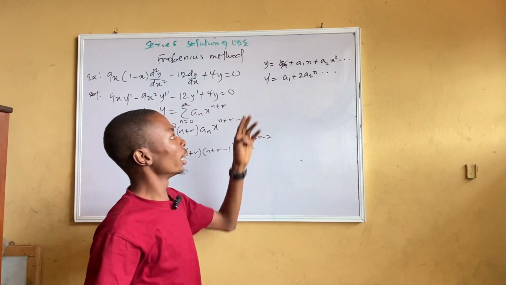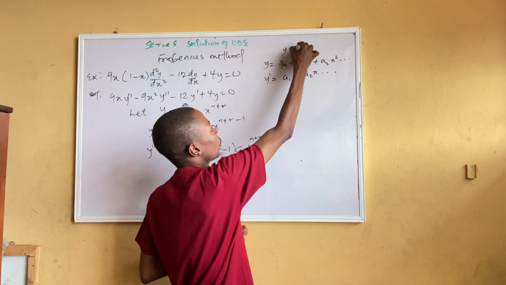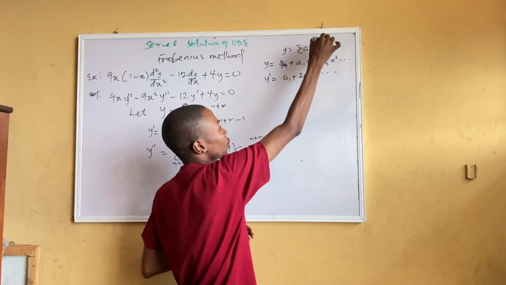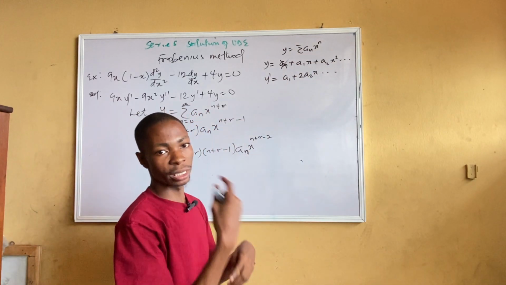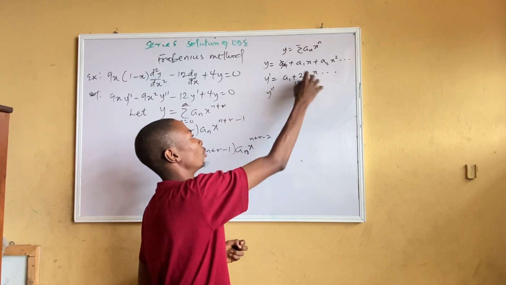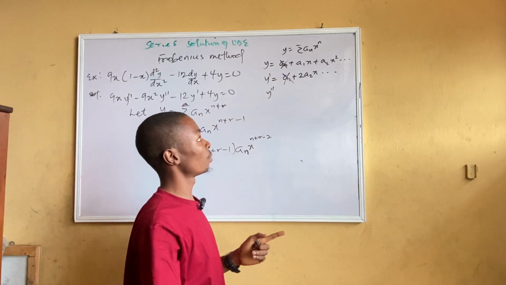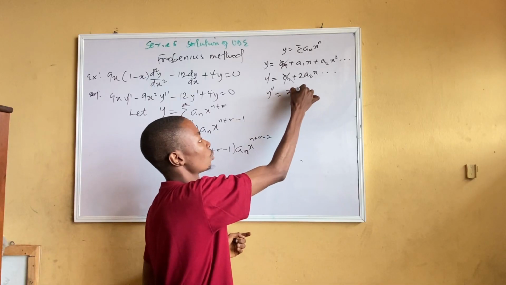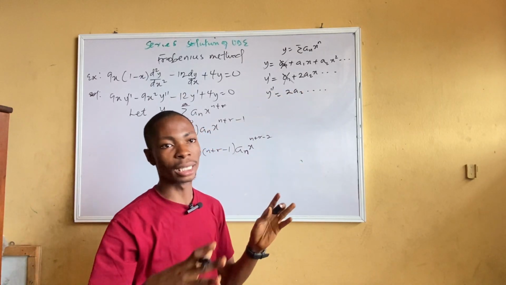That means if I'm using the power series y equals summation a n x to the n, the limit will be changing. One will start from 0, the next one will start from 1. If I differentiate again, a1 will now be a constant, and the derivative of a constant is 0, so we get 2a2, like that. So that one will be changing.